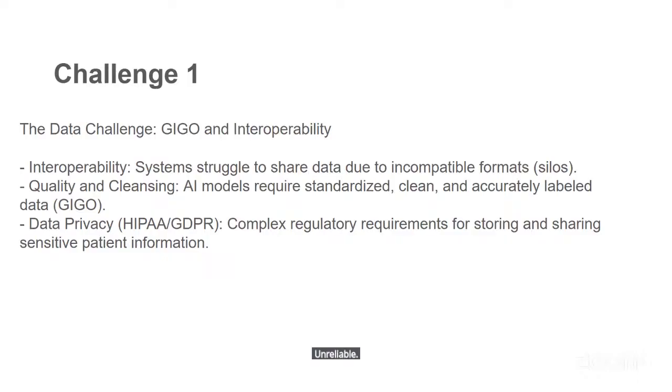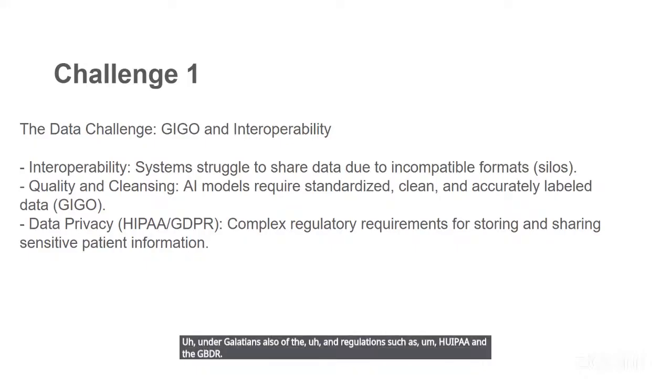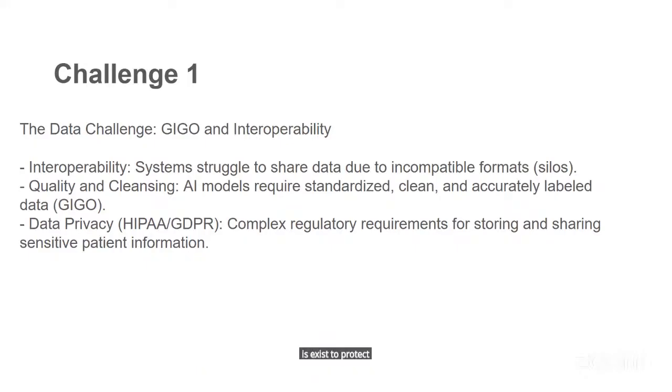Next, we have data privacy. So data privacy and regulation is very important. Healthcare data is extremely sensitive, as we know, and regulations such as HIPAA and the GDPR exist to protect patients' privacy.